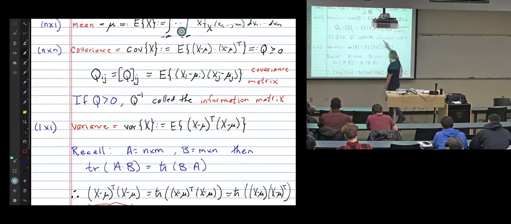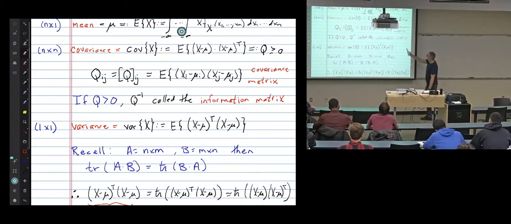So the covariance is an n by n quantity. The variance of the random vector is a scalar. It's a 1 by 1. And so it moves the transpose from the right to the left. So now this is a row vector times a column vector. And it's the expected value of this quantity.